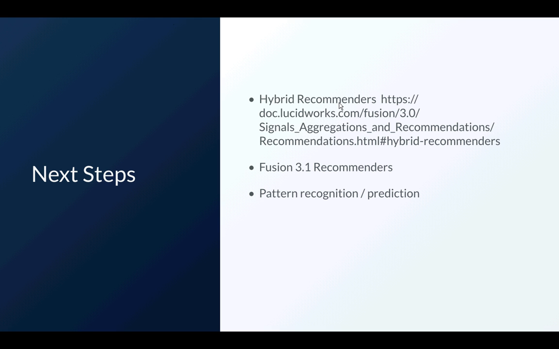So the next step, you might want to look at the Fusion documentation, which gives you an example pipeline for hybrid recommenders and shows you how you can use those in your applications. In Fusion 3.1, we've got new recommenders that are coming, and we'll be talking about those more as the weeks move on. And then you may want to start looking at pattern recognition and prediction.